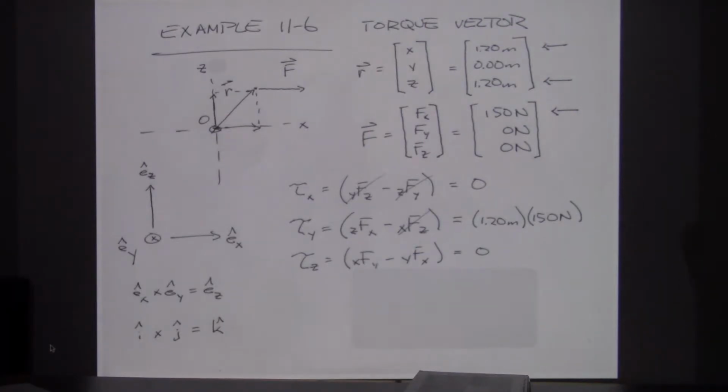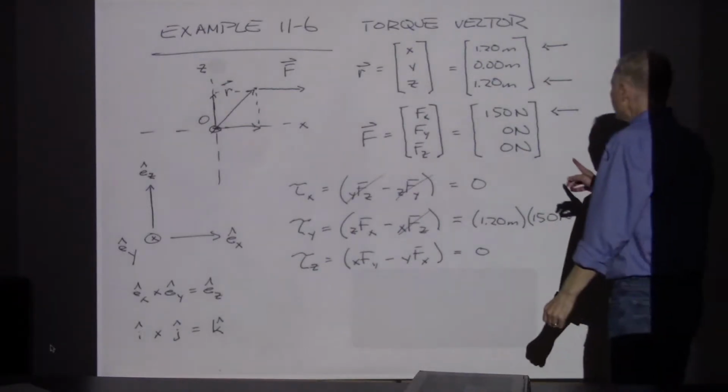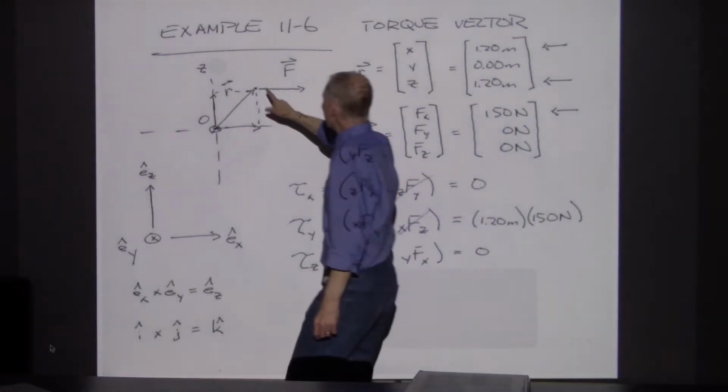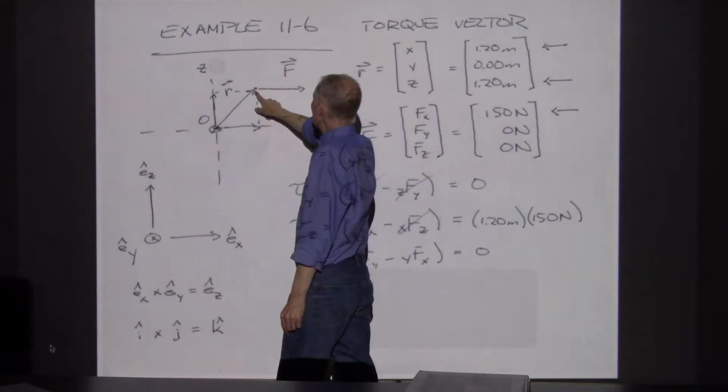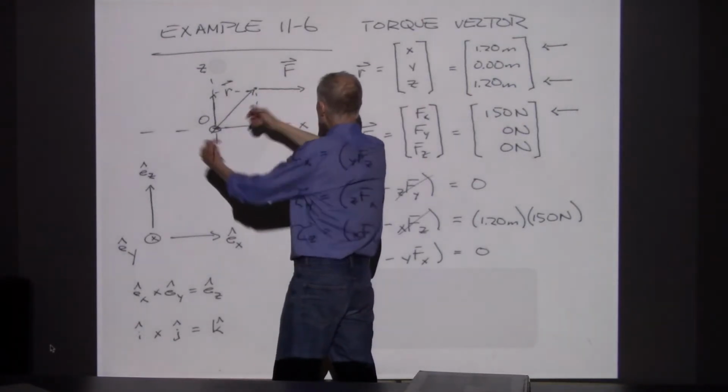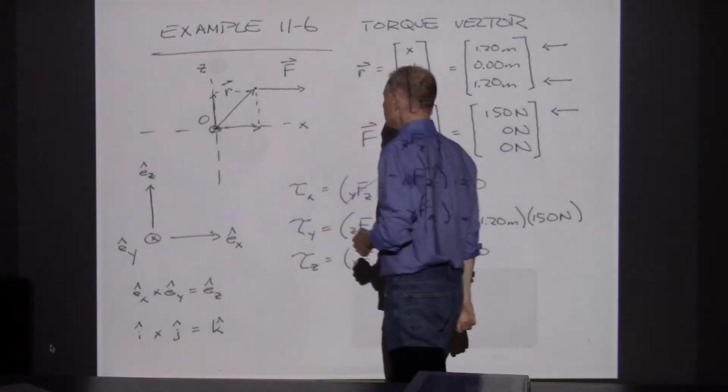So I drew that on the xz coordinate system over there on the left. Now the force, they told us, is exclusively in the x direction. So here is the point where the force is being applied. Here is the lever distance. And the force is going to be entirely in the x direction.